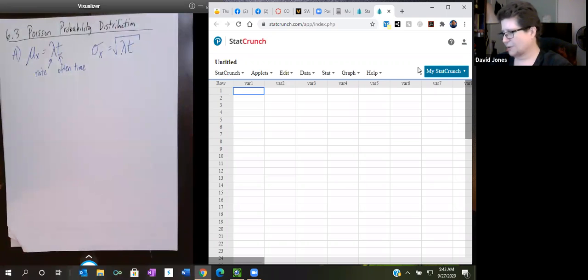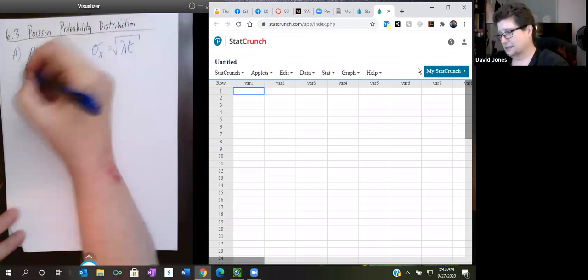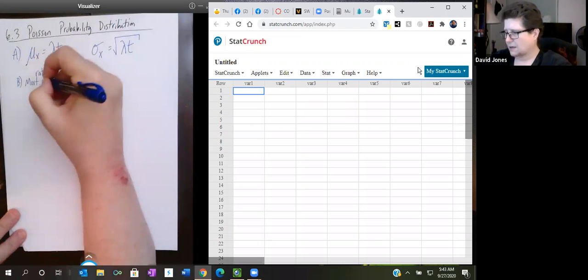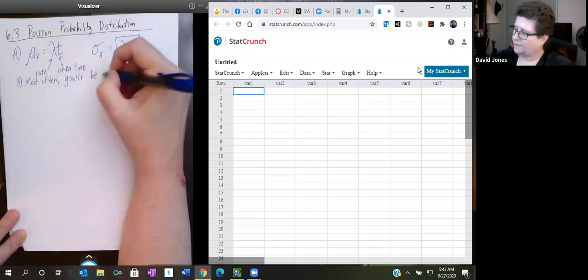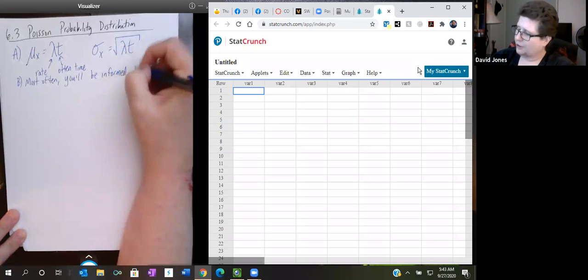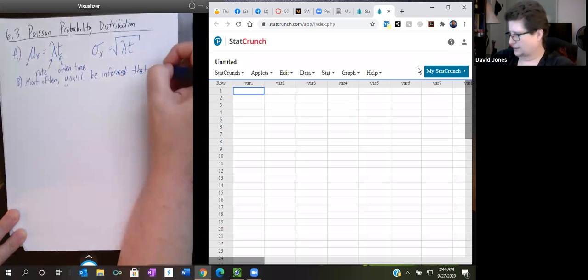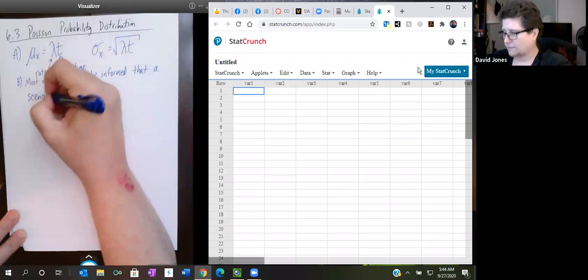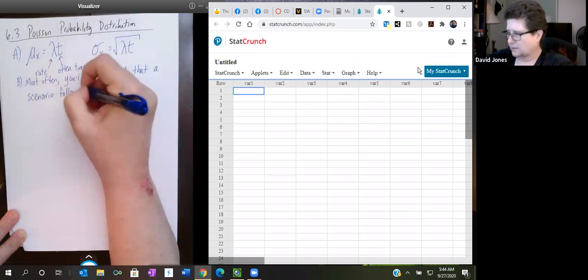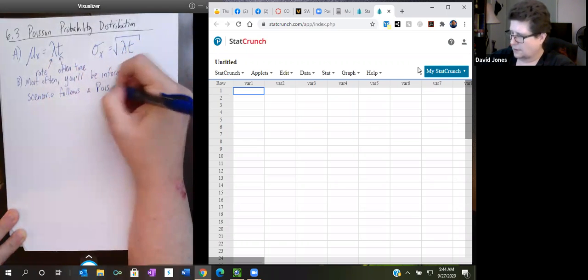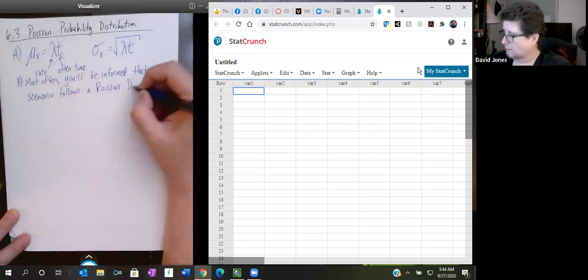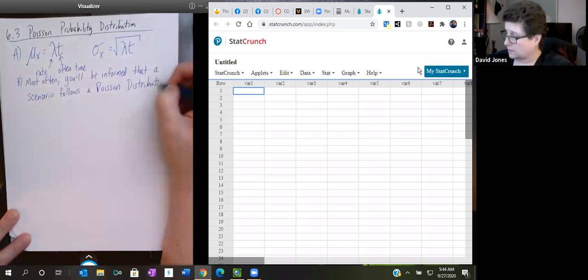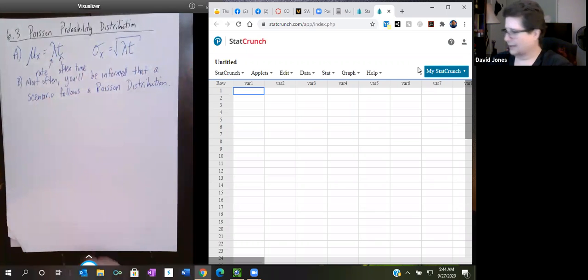This also has criteria that must be met, but most often you'll be informed that a scenario follows a Poisson distribution. It looks like the word poison, but there's an extra S. If it doesn't tell you, we'll go into that later in that actual section.